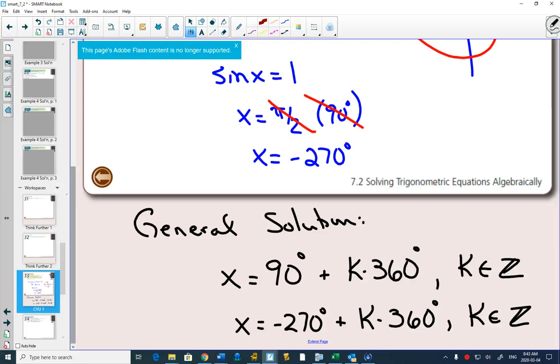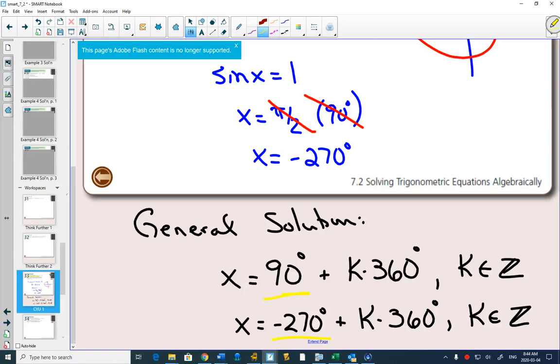Does it make sense that both of those answers are right? Because you just need to start with a solution that's right, and then every time you add or subtract 360, you'll get all the other ones. And since 90 and negative 270 are the same coterminal angle, they include each other in their answers.